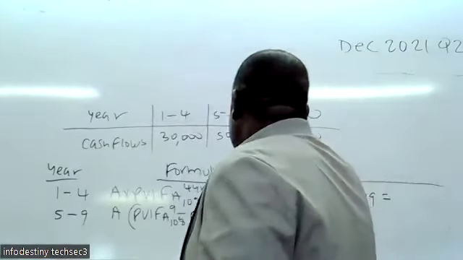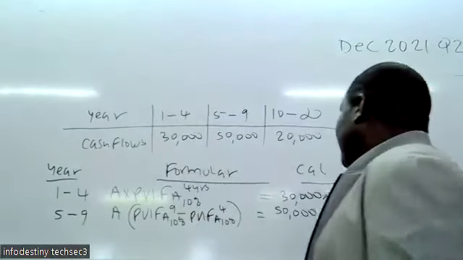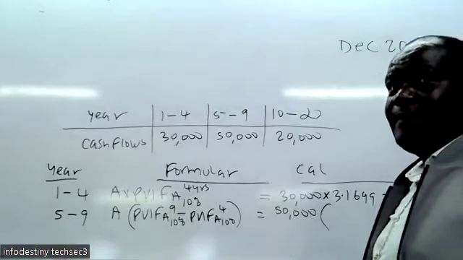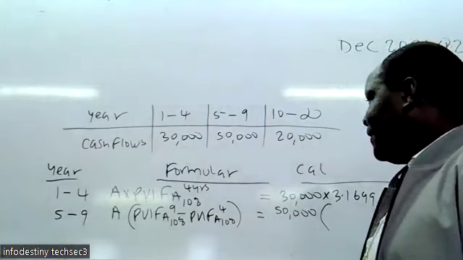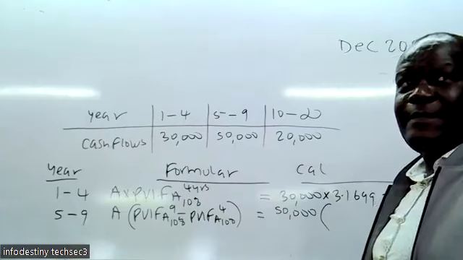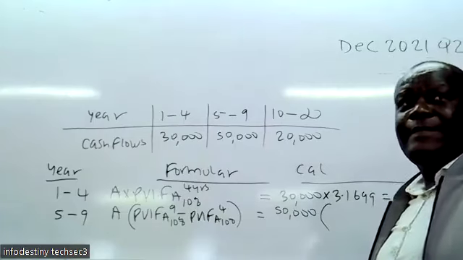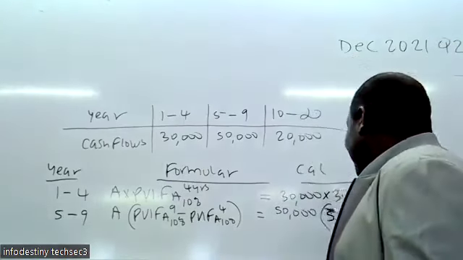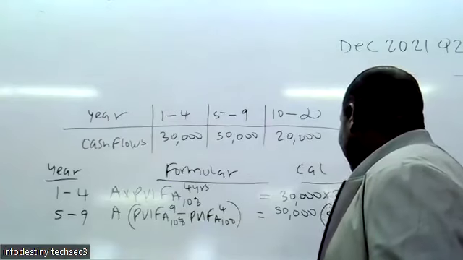So it will be 50,000 in the brackets of. So confirm in year 9. 10% in period 9. 5.75, like that.